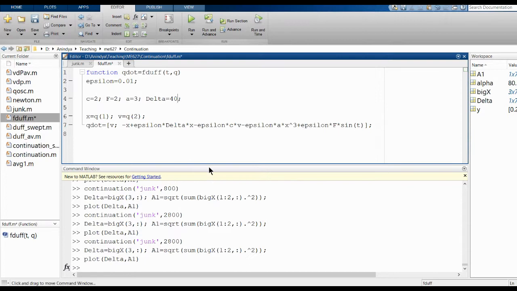Okay, good. And then we will have to take A equals Q1, B equals Q2.